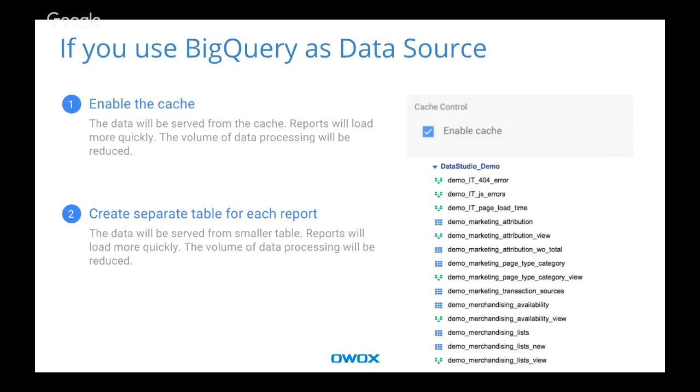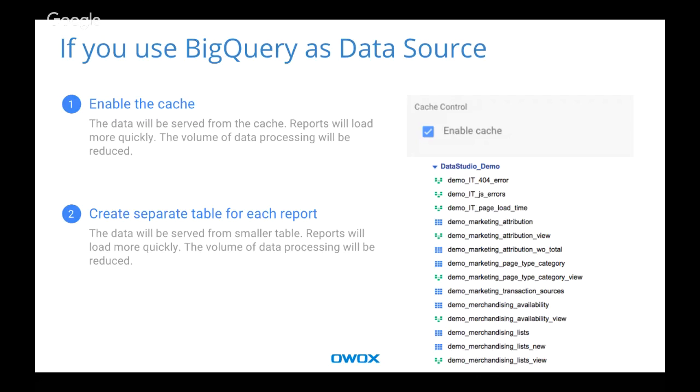In this case, you can exclude the fields from the table that you will not use in the report, and you can exclude the repeated fields and decrease the volume of data processing. And of course, in this case, the report will load more quickly. So now I would like to give Andrew the floor to continue and finish our presentation.